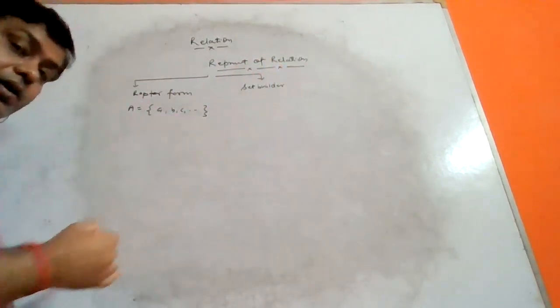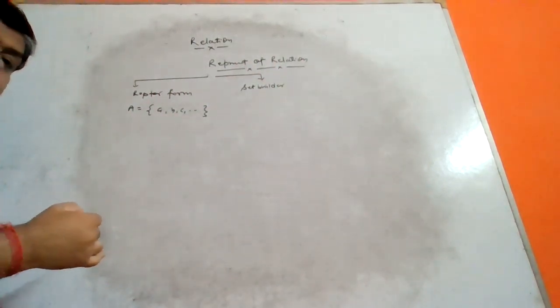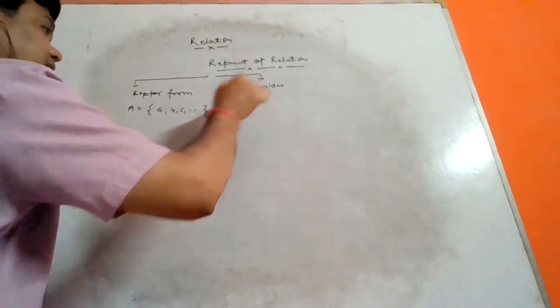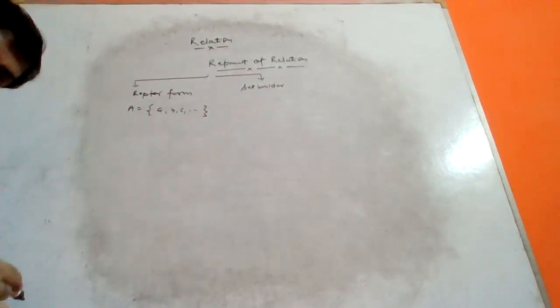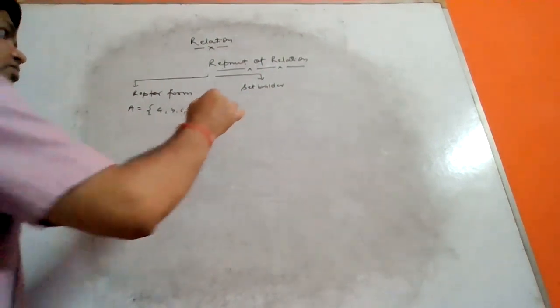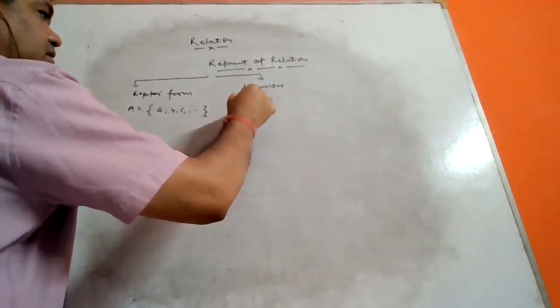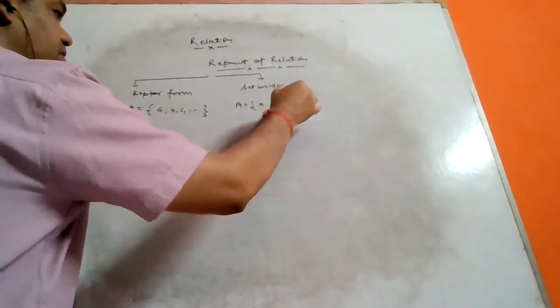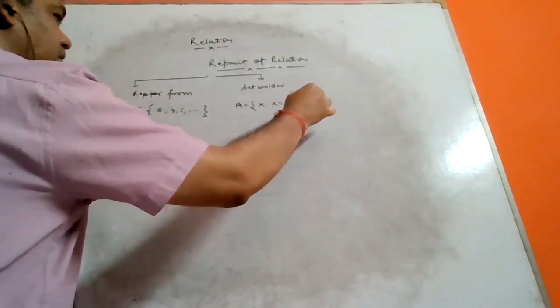Set builder form. So what is set builder form? In set builder form, we can represent a relation as a definition, as an expression, or as a formula. For example, a set is represented like this: x such that x is equal to n plus 1, where n belongs to natural numbers.